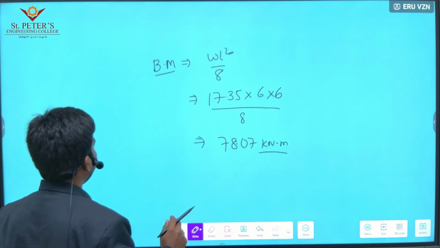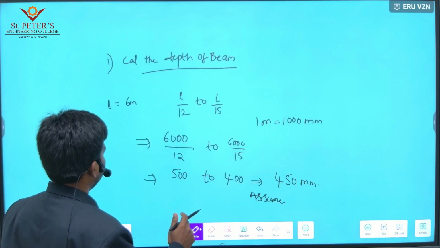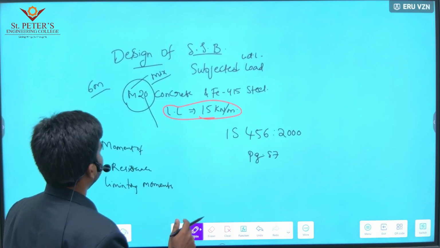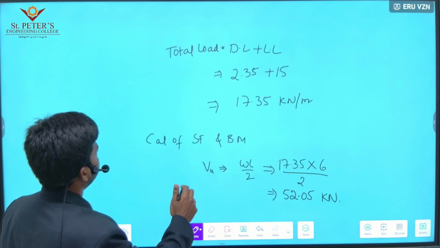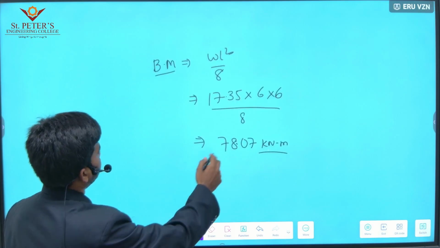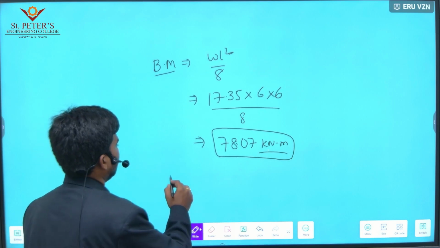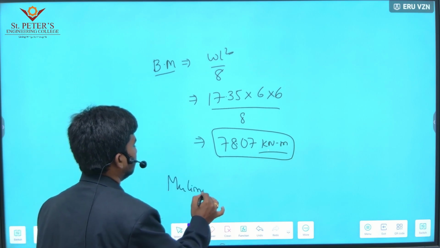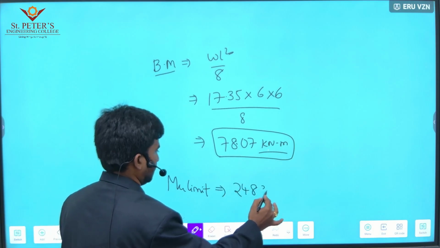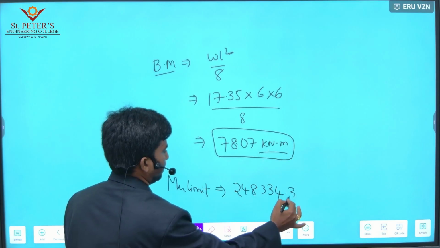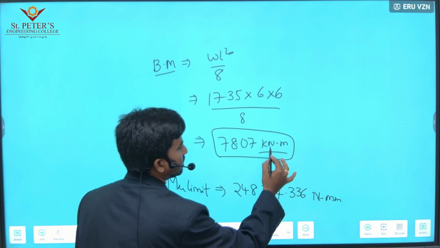Here the Mu value is 78.07 kilonewton meter, but our Mu limit value 248,334.336 is in Newton mm.